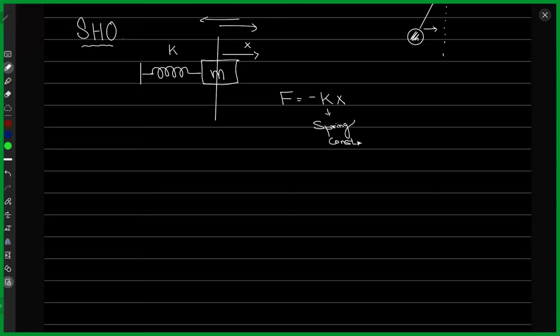And it depends on the type of the spring that we are using. x is the displacement from mean position, right? So if I displace it and I know how much I've displaced the block, and I know what kind of spring I'm using, then I can compute the force with which this mass M will be directed back to its mean position, right? So this is that force. It's also called the restoring force.